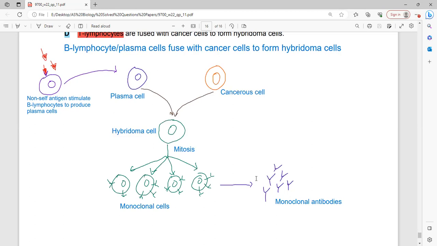Now, this hybridoma cell has the capability to divide by mitosis. It will divide again and again and produce genetically identical monoclonal cells. And these monoclonal cells are able to produce genetically identical monoclonal antibodies. So this is overall the process.